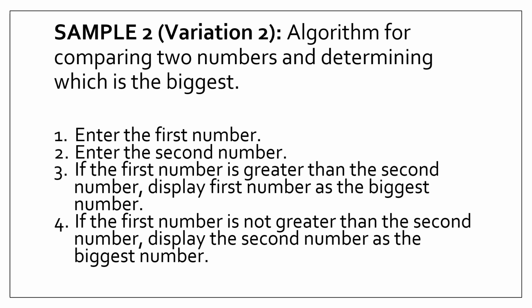Again, these are only variations. For as long as the logic is correct and the same, then there is no problem. This further means that if student 1 submitted an answer that looks like the first variation and student 2 submitted an answer that looks like this variation, then both students are correct.